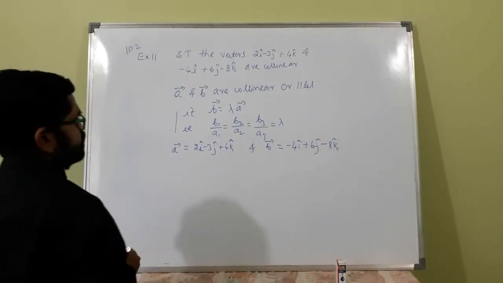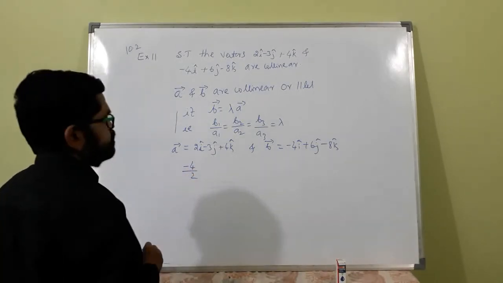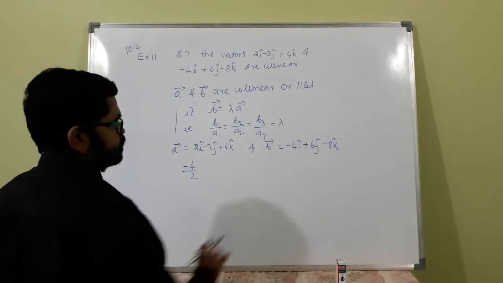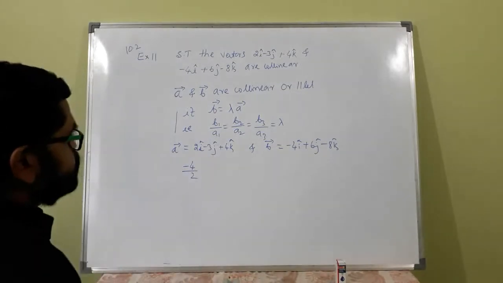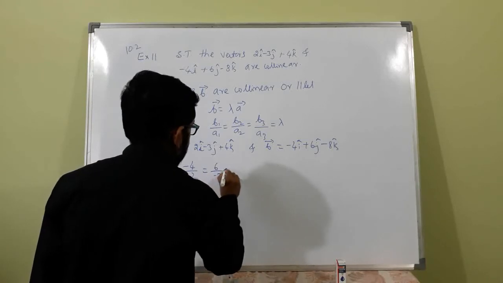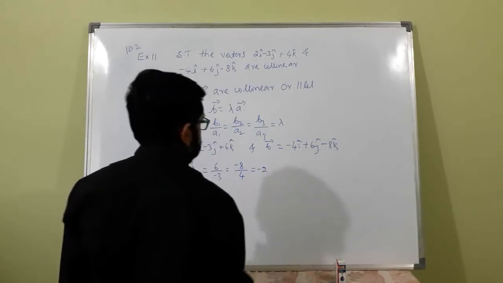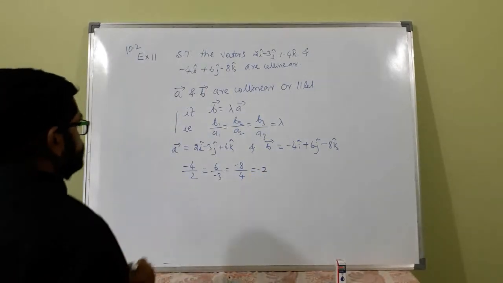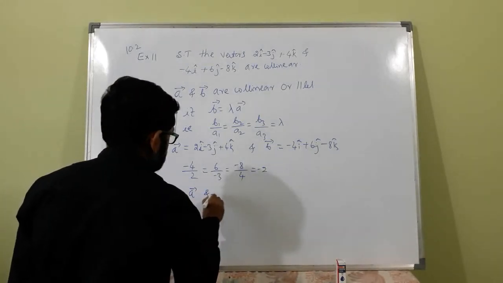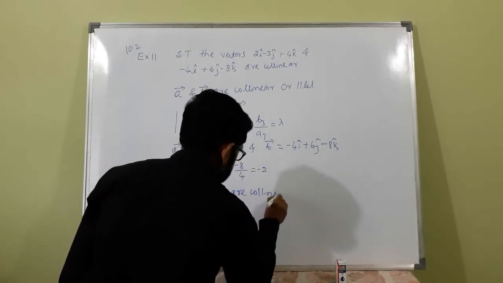So B1 by A1 is minus 4 by 2, that is minus 2. 6 by minus 3, again minus 2. Minus 8 by 4, again minus 2. That is minus 2, that is your lambda. Therefore, A and B are collinear. So this is an asked question.